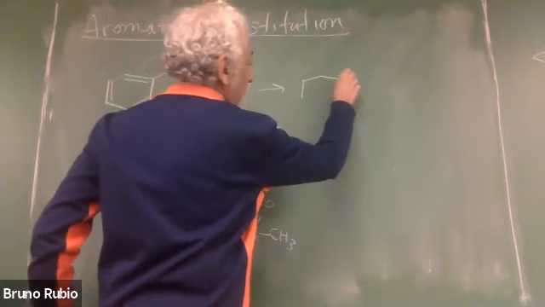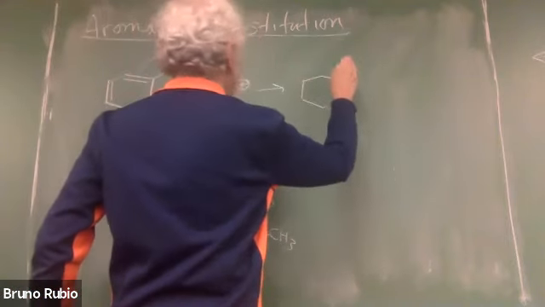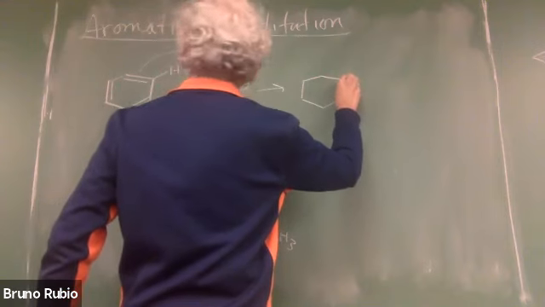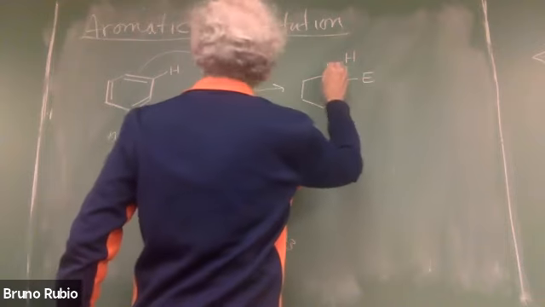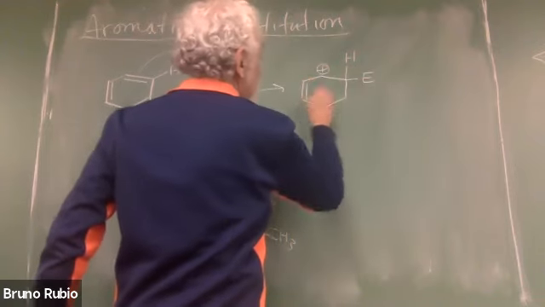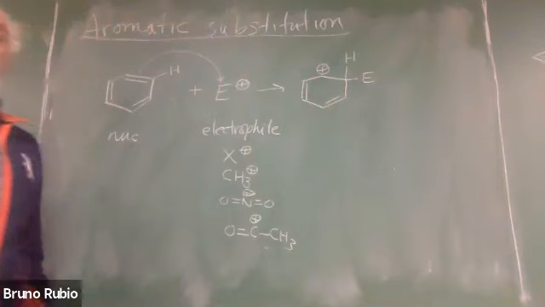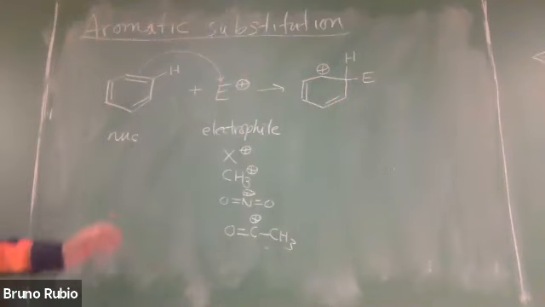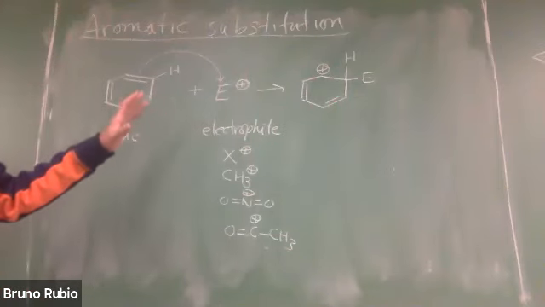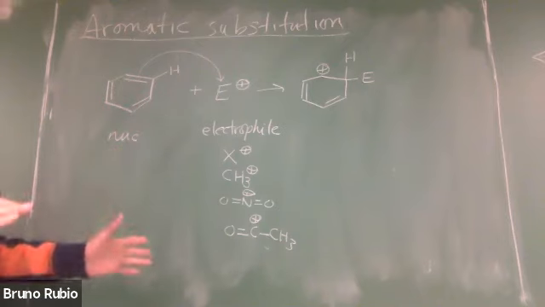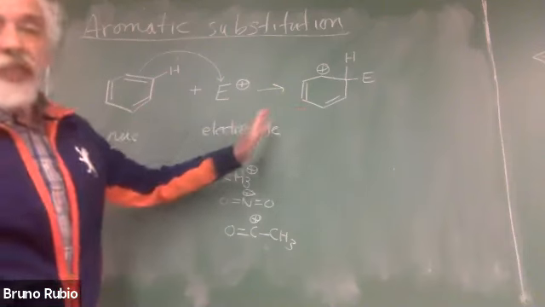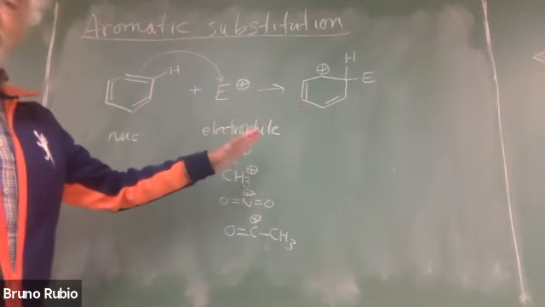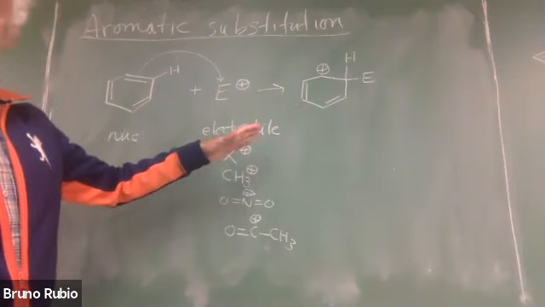The electrophile ends up attached to the benzene ring, and we get this intermediate, which is called a cyclohexadienyl cation.